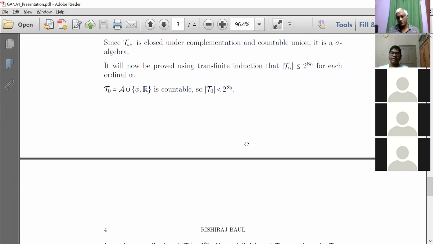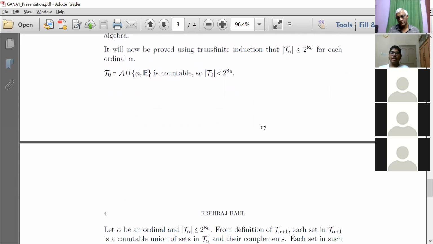Now we will again use transfinite induction to show that the cardinality of each of these T of alphas is less than or equal to 2 to the power aleph naught. In particular, T of omega 1 will be proved to have cardinality less than or equal to 2 to the power aleph naught.